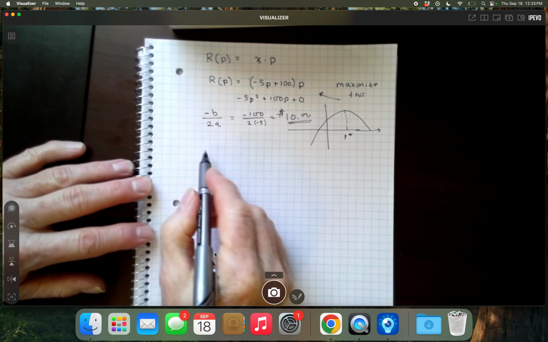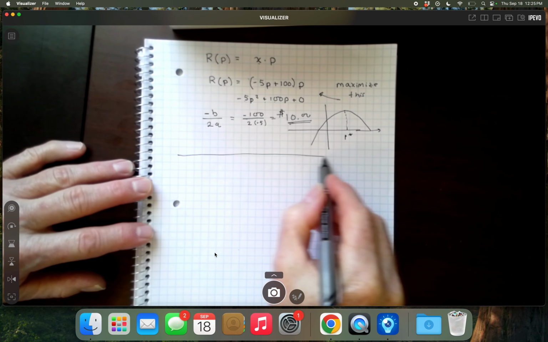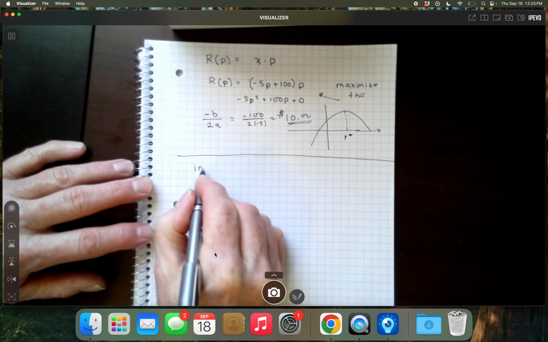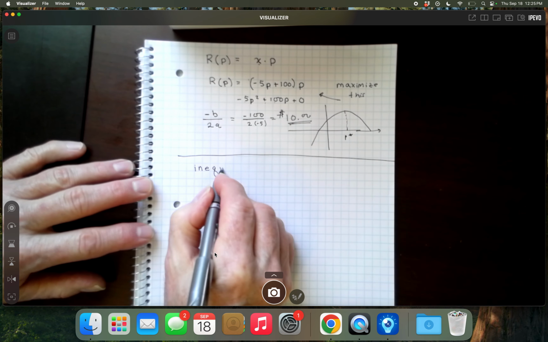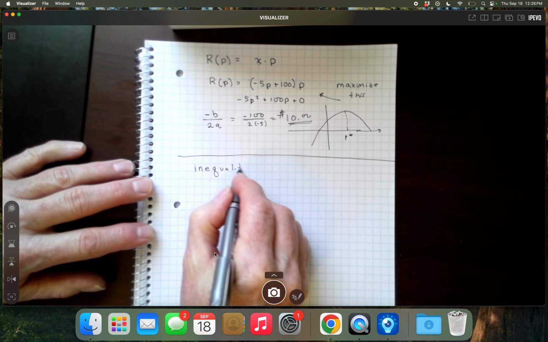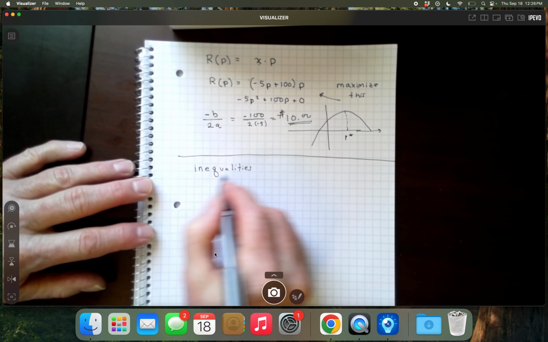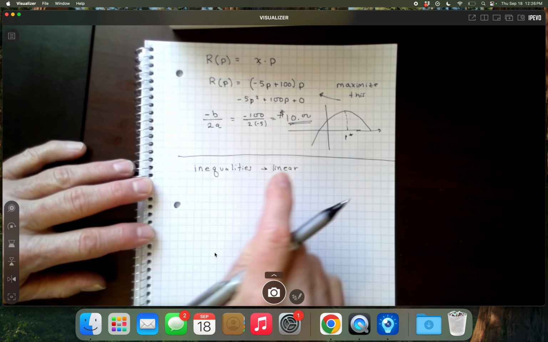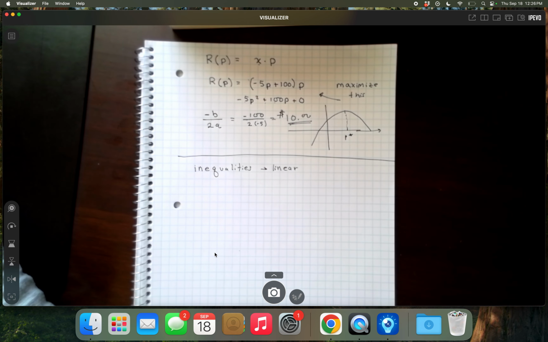Well, we have this final topic to look at, and that is inequalities. Now, linear inequalities, that topic is found in the appendix in the textbook.